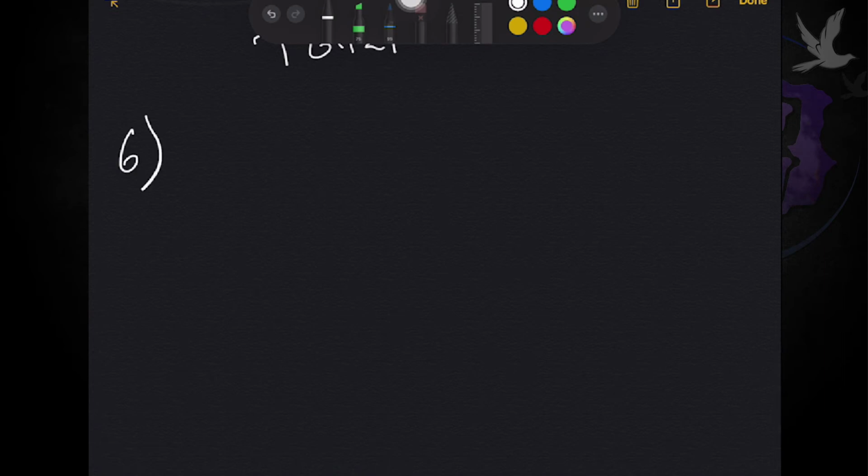Number 6. Okay, MDM Wong. Is this a typo? I think it's supposed to be Mr. Wong. Okay. Anyway, let's just change it to Mr. Wong. Mr. Wong bakes 500 chocolate chip cookies. Okay.